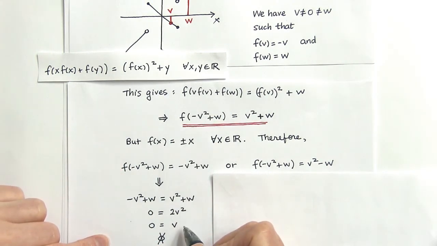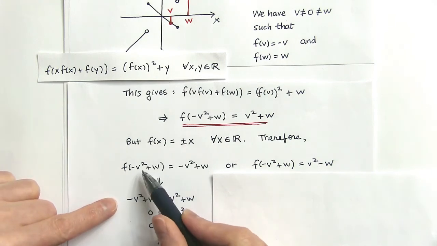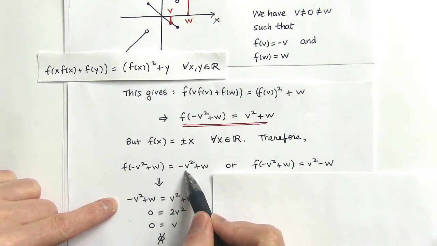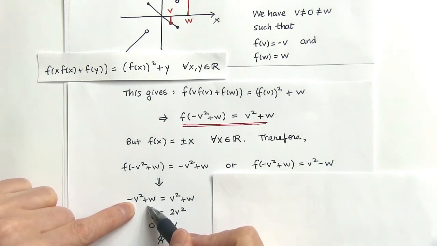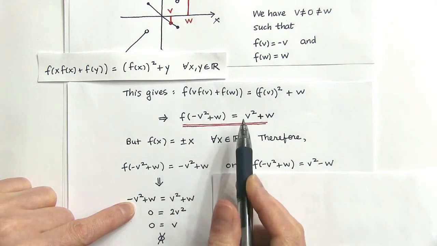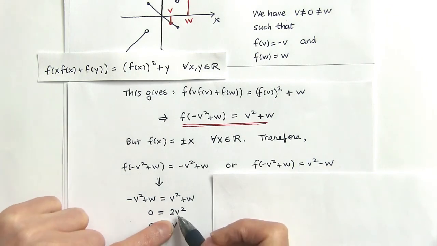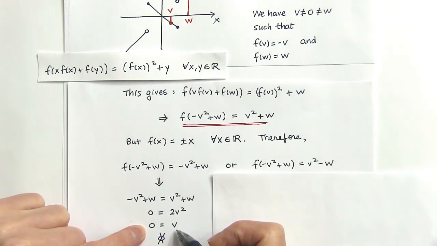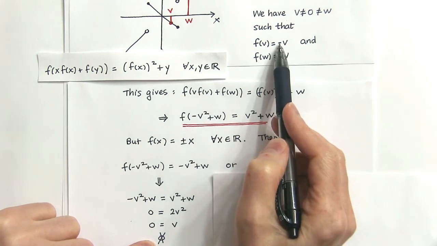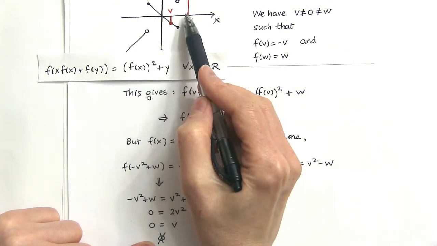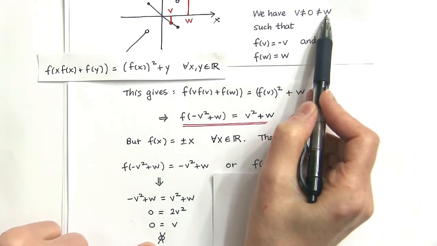The first option tells us that f at minus v squared plus w must equal minus v squared plus w, and simultaneously it must equal v squared plus w. That says that 2v squared is 0, or v is 0, which is a contradiction because we specified that the v and the w in our graph are not 0.